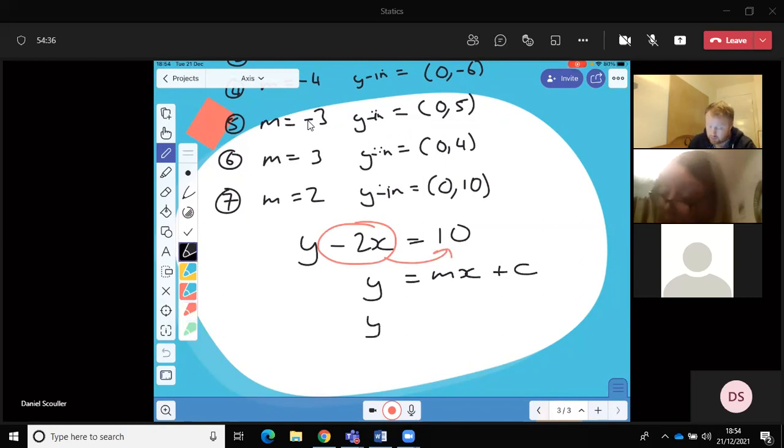So we're always trying to leave that y on its own. Okay, so moving that 2x becomes positive on the other side, and then that 10 stays positive. Okay, so gradient and where it cuts the y-axis.